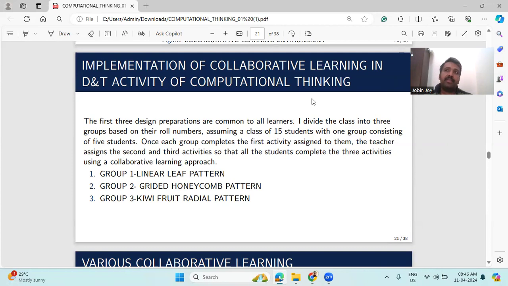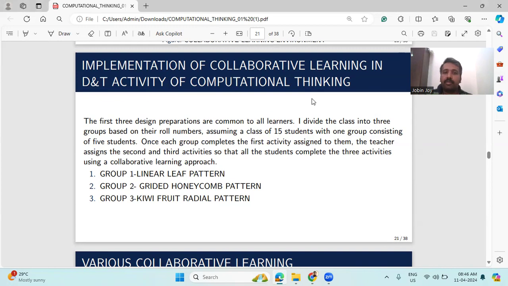Through these three activities, I am promoting collaborative learning. I divide the class into three groups based on their roll numbers, assuming a class of 15 students. I'm not considering gender or any other factors.